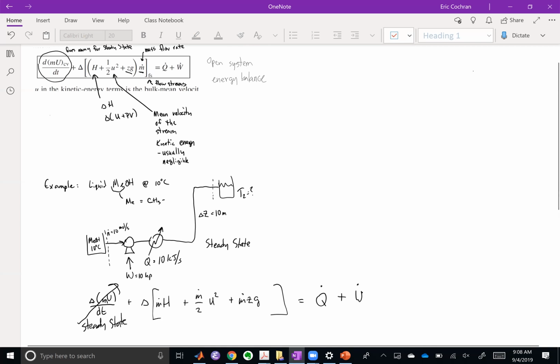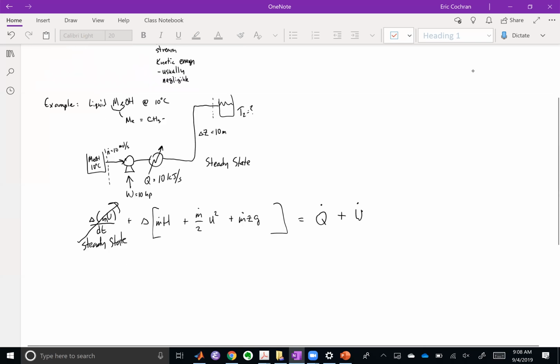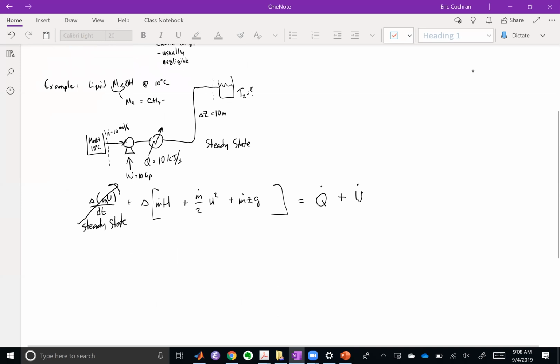If m dot is the same on the inlet side and the outlet side, then it's a constant as far as this delta is concerned. And anything that's a constant factor in here can be factored outside of the delta. So in this case, the m dot can come out if I want it to.